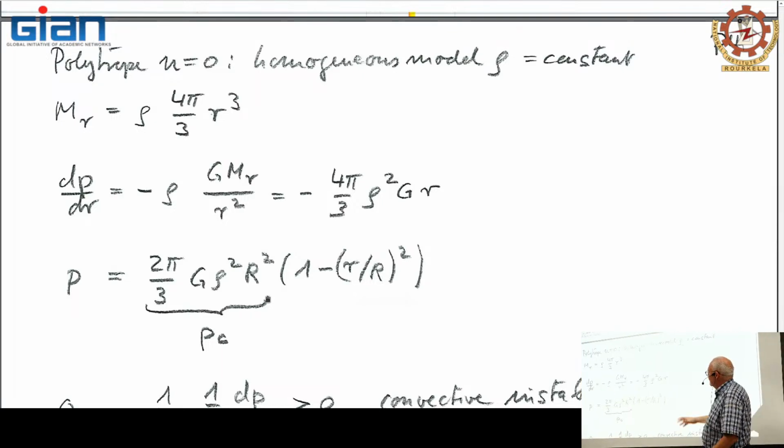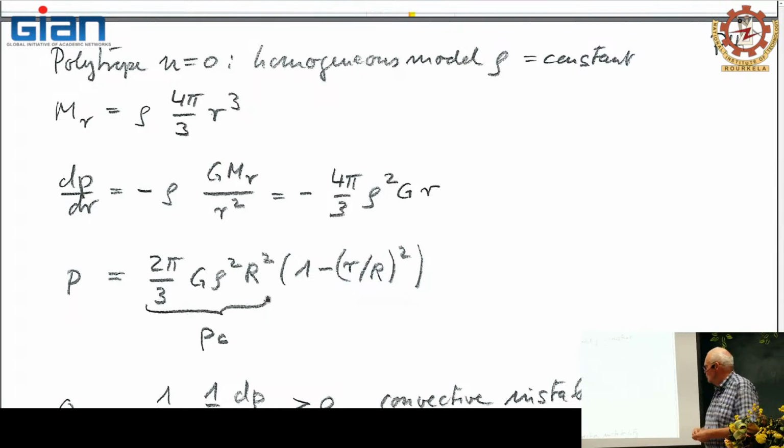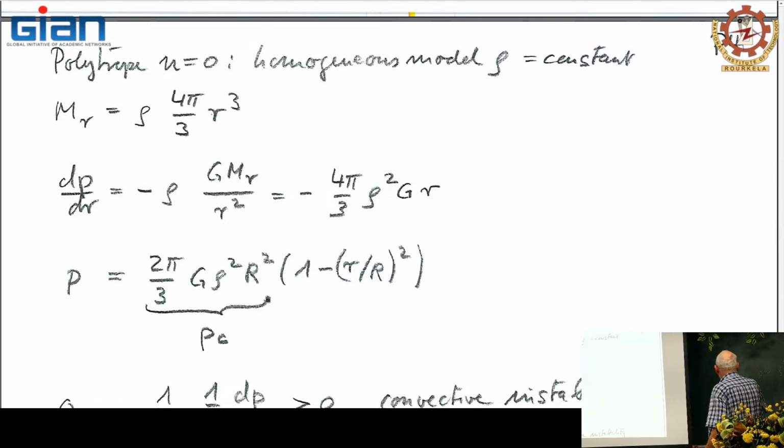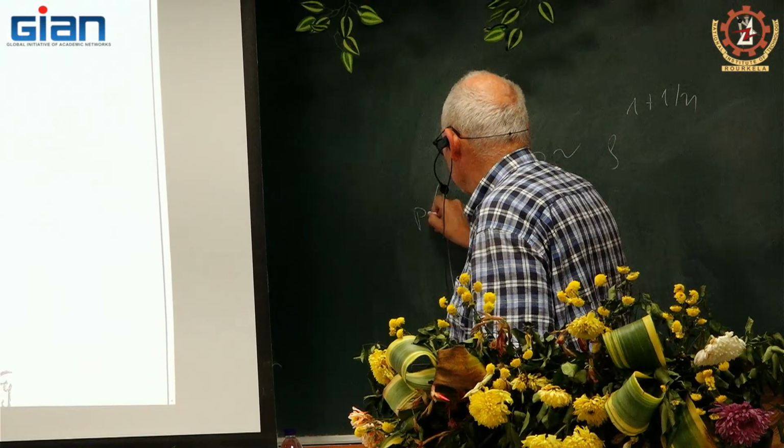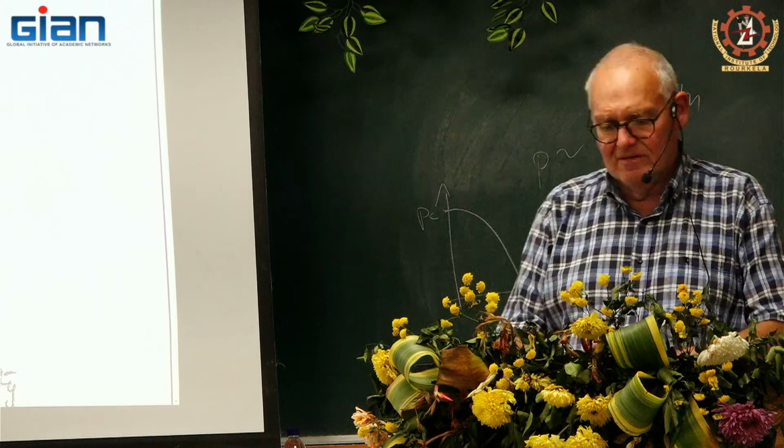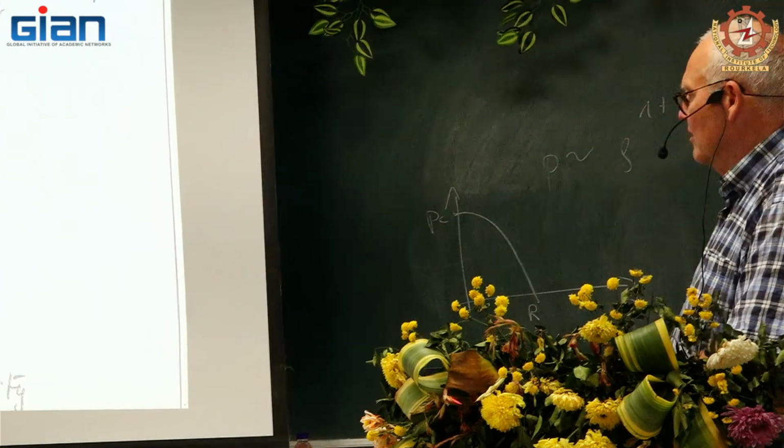Okay, so this is the solution, the mass M(r), and this is the solution of the pressure as a function of radius. It's a quadratic function, so the pressure looks like that. Pressure is a parabola, and it has a 0 at radius R, and this here is the central pressure, which is simply the maximum of the pressure curve.